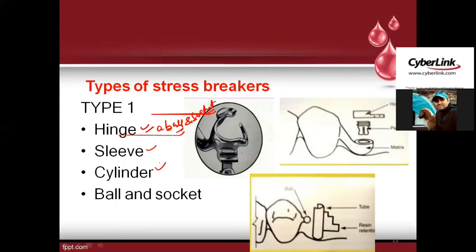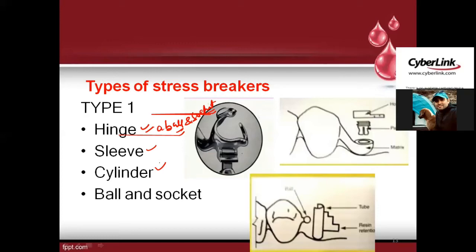Adding these stress breakers to the junction of the direct retainer and the denture base allows the denture base to move independently so that the force will decrease. This decreases the amount of force acting on the abutment. The combined resiliency of periodontal ligament and the stress director will be equal to the resiliency of the oral mucosa overlaying the ridge.